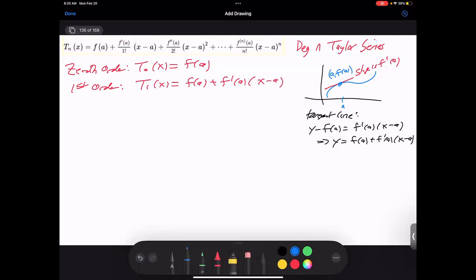And note, t1 prime of x, so what would I get if I take the derivative of t1 of x? What's the derivative of f of a with respect to x?